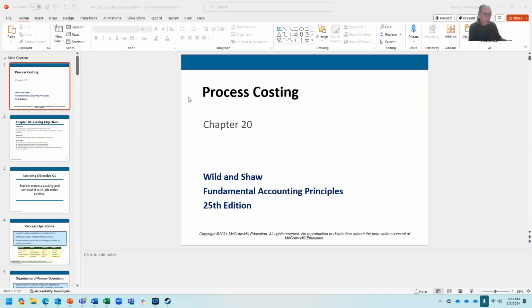The difference is that with job order costing, we focus on the customer's individualized order, and with process costing, we focus on the continuous process, regardless of a customer's order. That's what I want you to keep in mind through today's conversation.